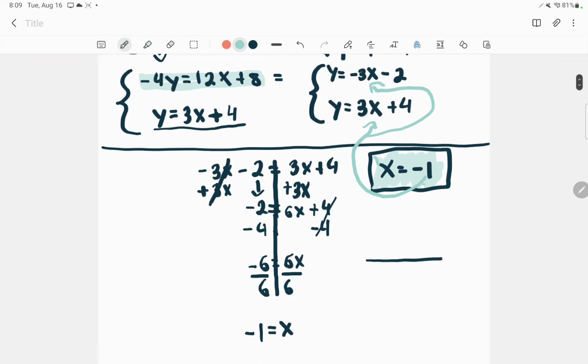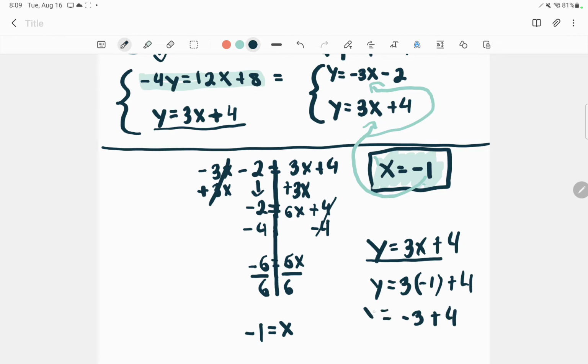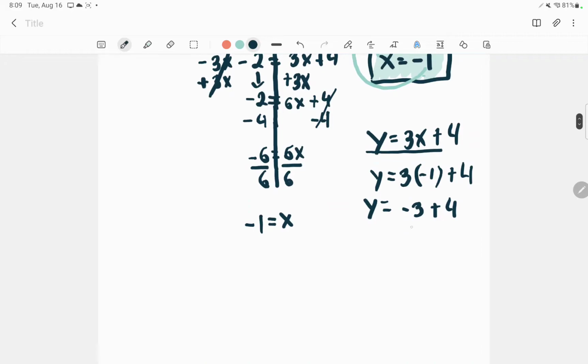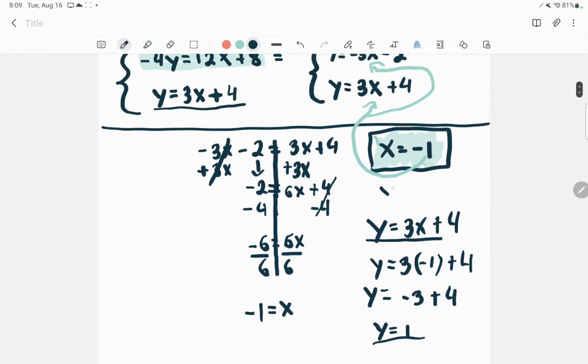So let's go ahead and write it. It's going to be y is equal to 3x plus 4. All I'm going to do, instead of writing x, I'm going to put a negative 1 on there. Now I have 3 times negative 1, which is negative 3, plus 4. Now what's negative 3 plus 4? It's going to be positive 1. So my answer for y is going to be y is equal to positive 1.